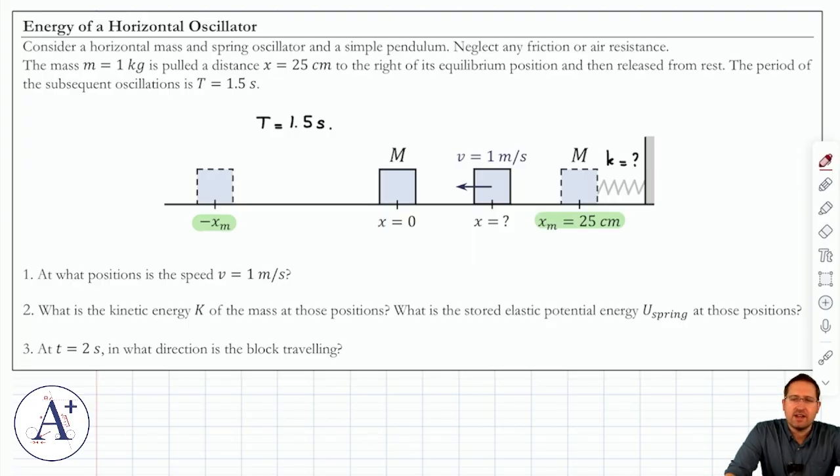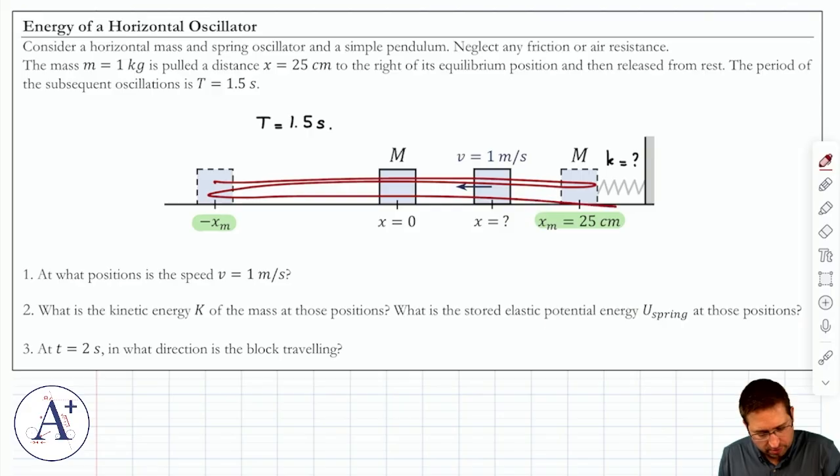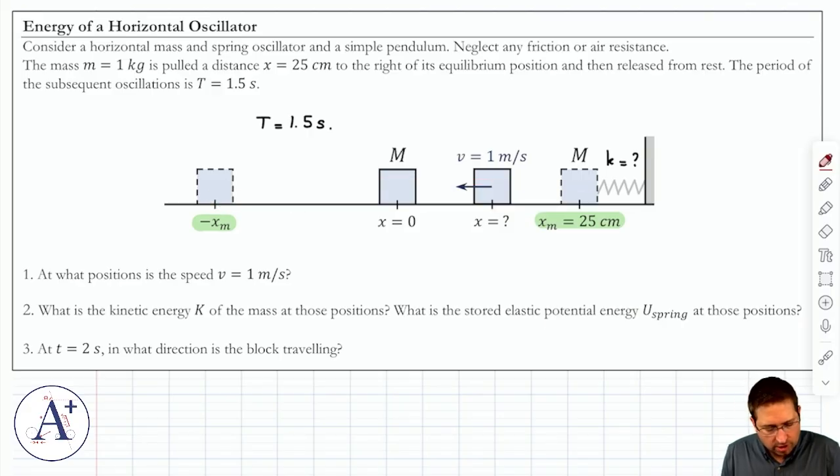I'm trying to say I debated changing this figure, and I decided not to, on the condition that I would then mention a few things when it comes up. First of all, it's the same block, and it's meant to represent that it oscillates back and forth from here to here, back and back and back and back, right? Here we're just showing the equilibrium position. Here we're showing some position where v is 1 meter per second.